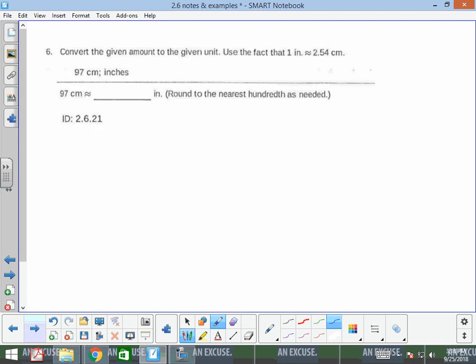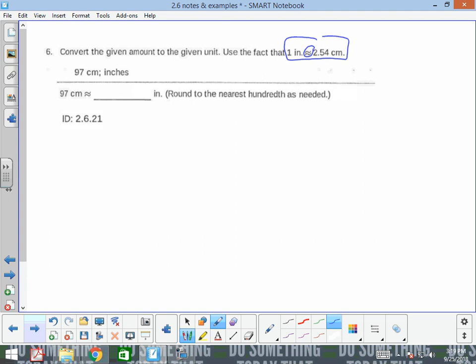Number 6, convert the given amount to the given unit. Use the fact that 1 inch is approximately 2.54 centimeters. Not equal, but approximately. But we're still going to approximate. So we're going to write 97 centimeters on top. Put it over 1 times. So I want my centimeters to be on bottom because my centimeters is on top.